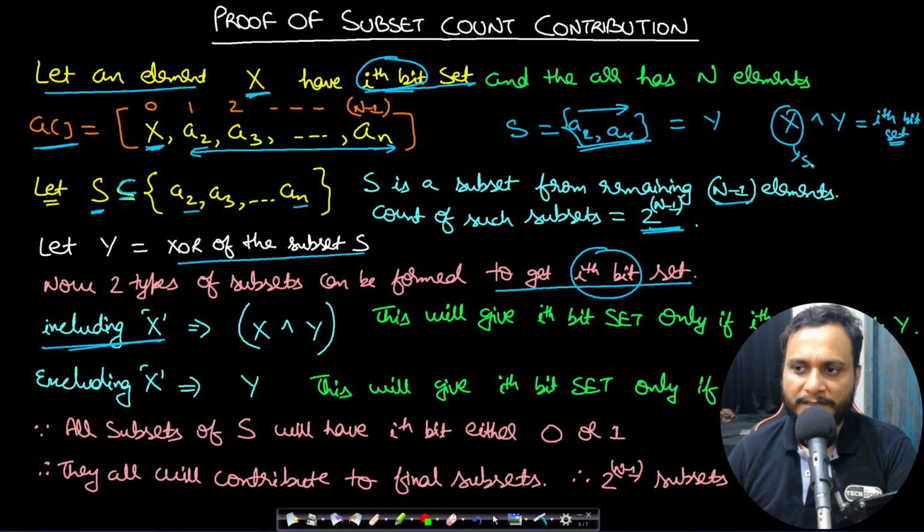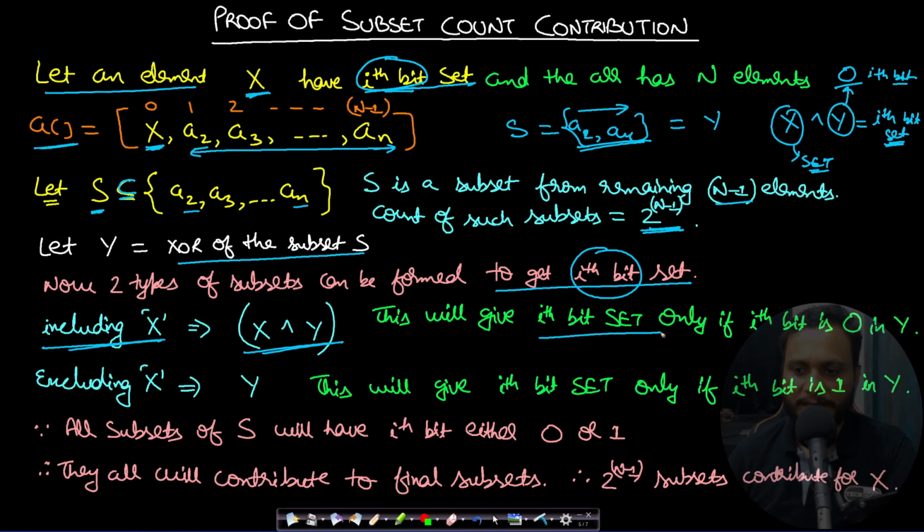If the ith bit is set here, and if the final XOR value should have the ith bit set, then what will be the value of Y? The value of Y should be 0 for the ith bit. It cannot be 1, right? So X XOR Y will be taken only when Y has the ith bit as 0. So this will give the ith set bit only if the ith bit is 0 in Y.